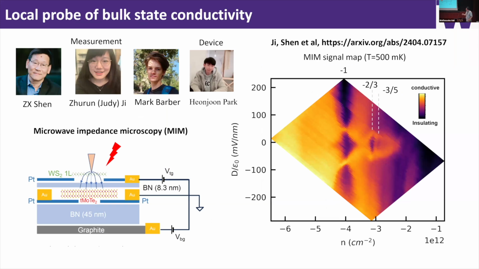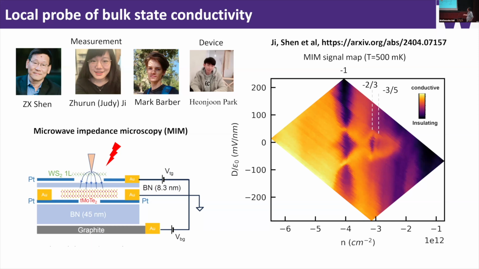Now I'm going to talk about another local probe measurement from my collaborator Xiaodong at Stanford, with postdocs Judy and Mark. In these particular measurements, the aim is to probe the bulk-edge correspondence. In Xiaodong's group, they developed microwave impedance microscopy.